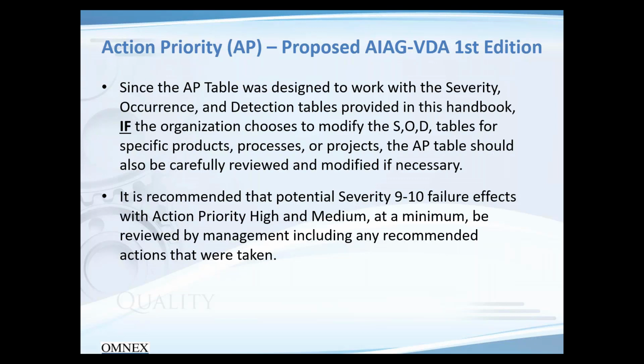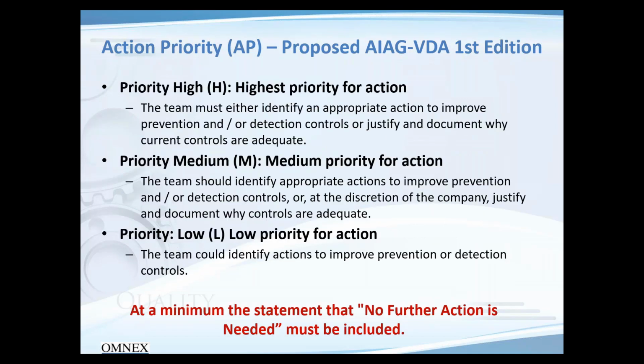And basically, you would be focusing on doing some action to eliminate any of the high action priority numbers that you'd have. And then the medium would be discretionary, and then the minimum you would skip. So for priority high, the team must either identify an appropriate action to improve prevention or detection, or justify and document why current controls are adequate.